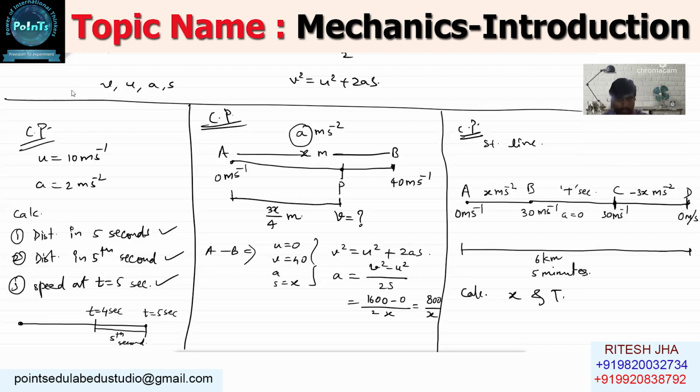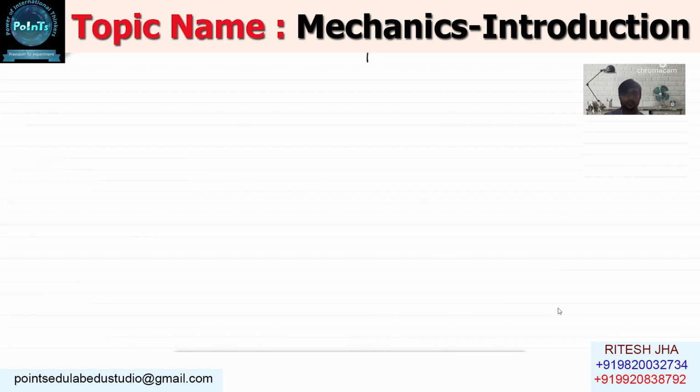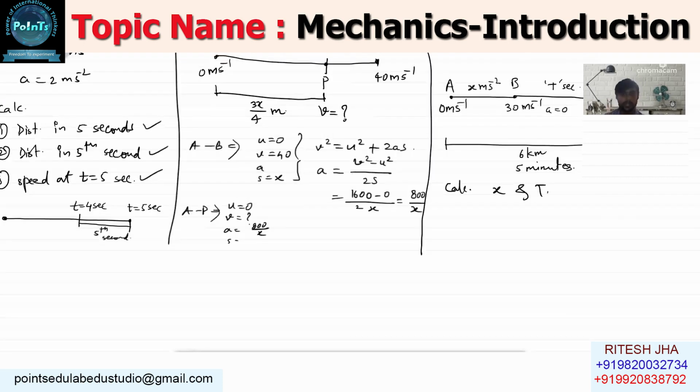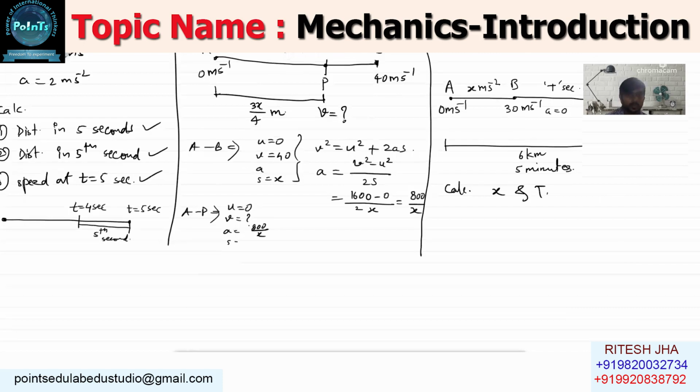Okay. So now from A to P, we have U equals 0. We want V. We are given A as 800 over x, and we are given S as 3x over 4.